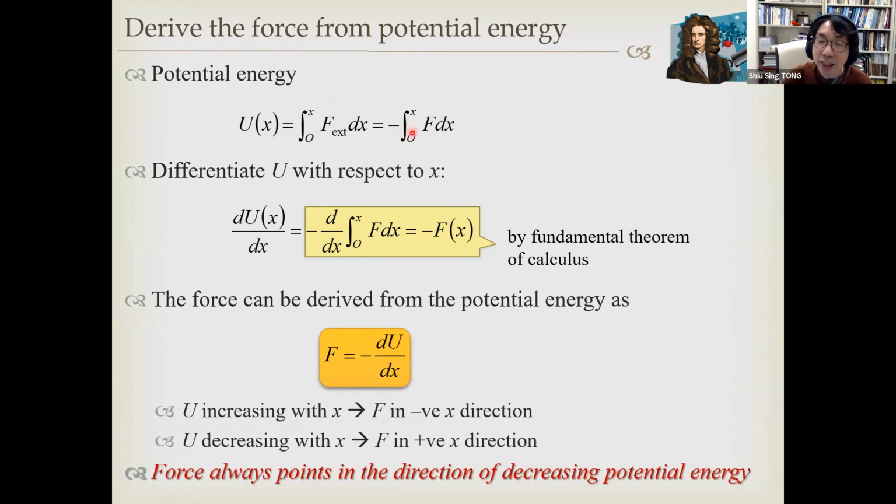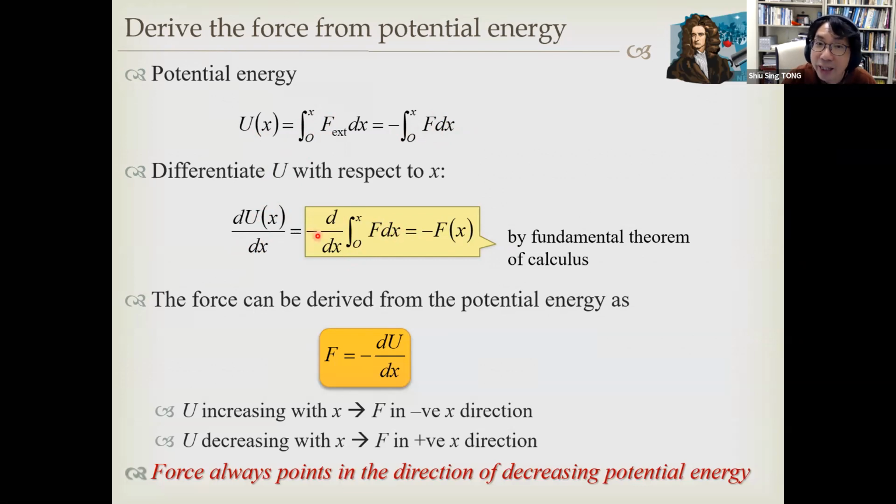The answer is easy. We just apply the fundamental theorem of calculus. The differentiation is the inverse operation of integration. So how to get rid of this integral? We differentiate both sides of this equation. So the left-hand side becomes dU/dx. And the right-hand side will be differentiating the integral of F dx.